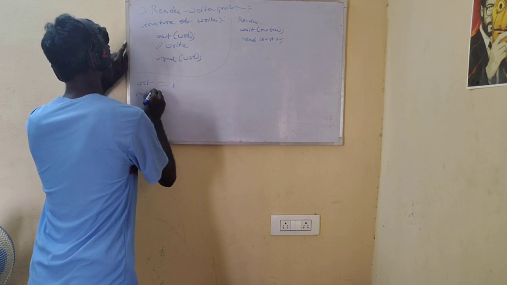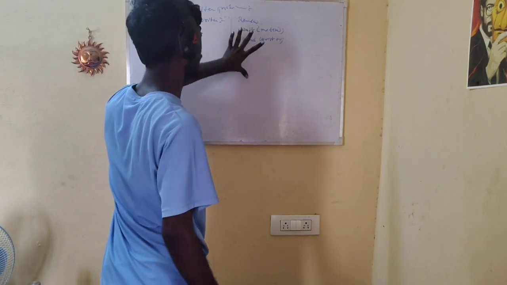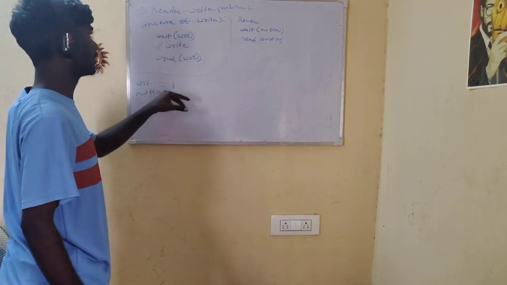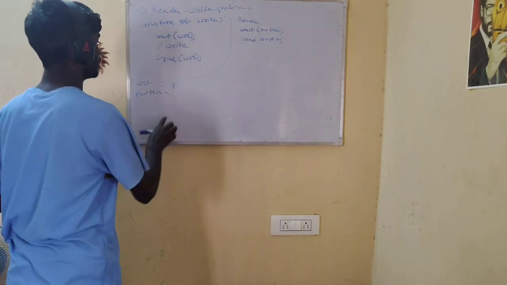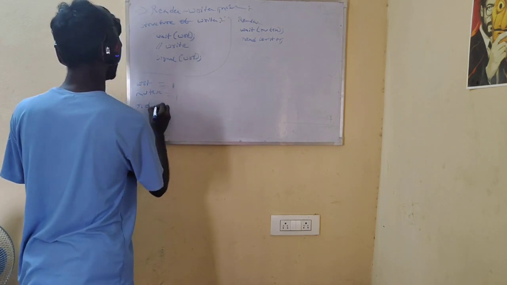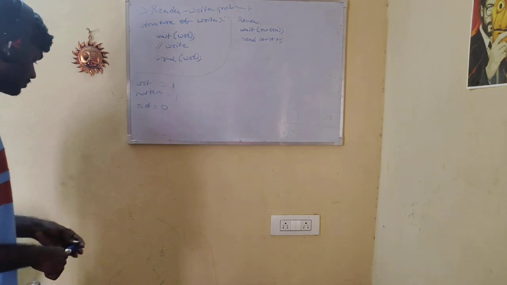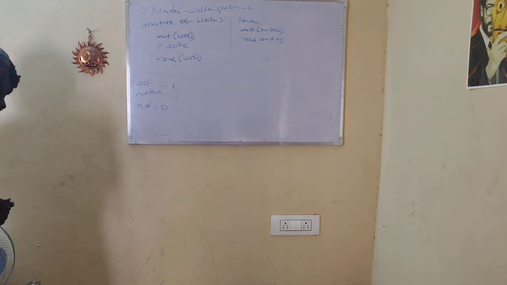We have a mutex, which is mutual exclusion, the mutex variable that is accessed inside the reader, initially set to 1. rd, which stands for the read count, which is initially set to 0. So these are the three variables.